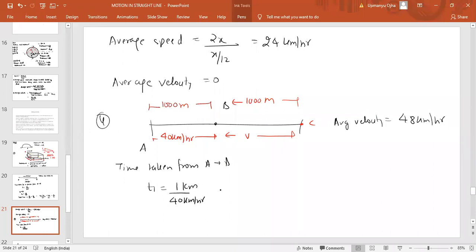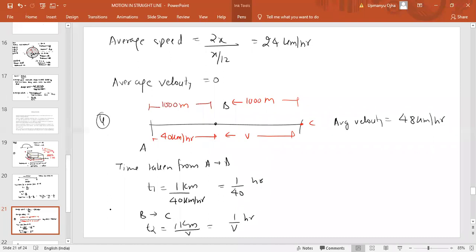Time taken would be 1 by 40 hours from A to B. And from B to C, T2 would be 1 kilometer by speed V, so 1 by V hours.